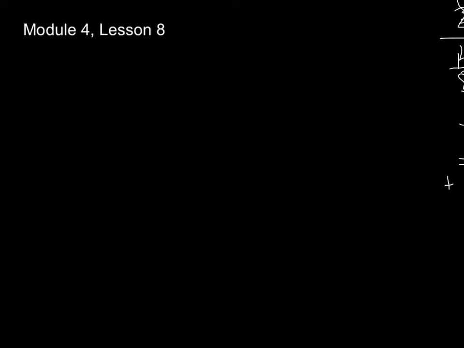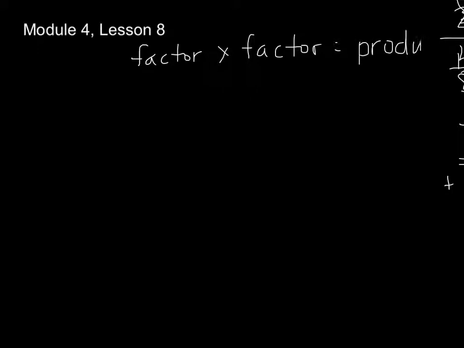So the second topic we want to look at today is comparing the size of a product to the size of the factors. Now let's remember that factor times factor equals product. For example, 2 times 3 equals 6. 2 is a factor, 3 is a factor, and 6 is my product.